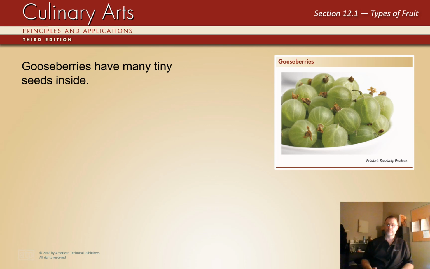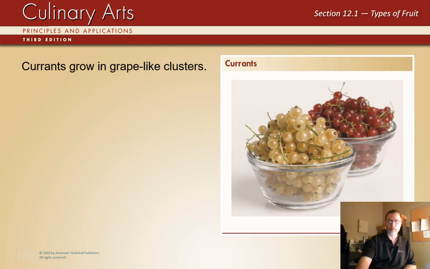Some things, especially during the winter time when it's difficult to get things, are frozen. So we have things like frozen strawberries, frozen blueberries, those kinds of things. Currants are kind of interesting, and currants are another thing that is often preserved. Very hard to find fresh currants.